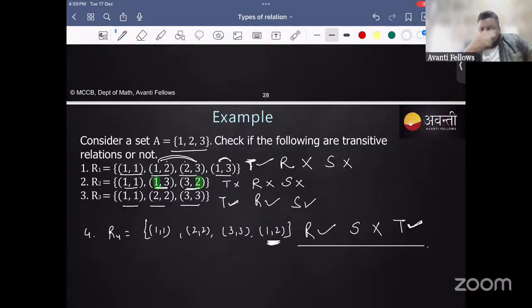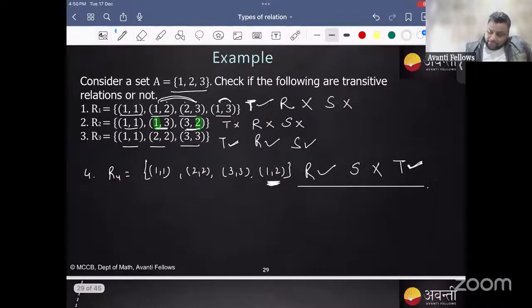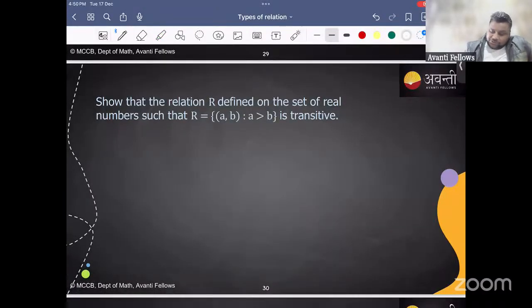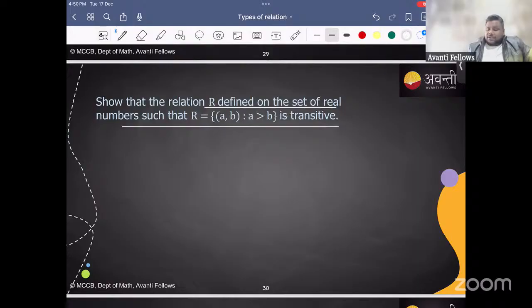Am I clear? So it is transitive by default. Now see, show that the relation R defined on the set of real numbers such that R is (a, b), a more than b, is transitive. Yes, it is.